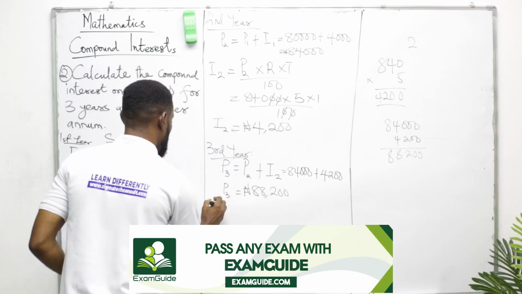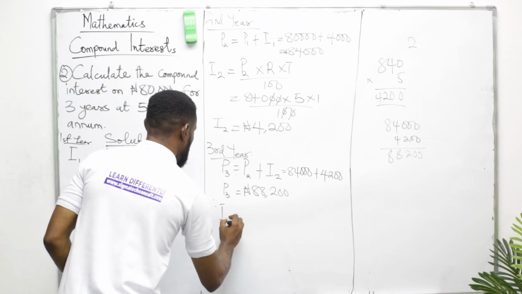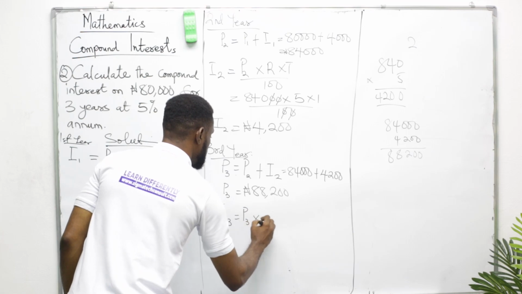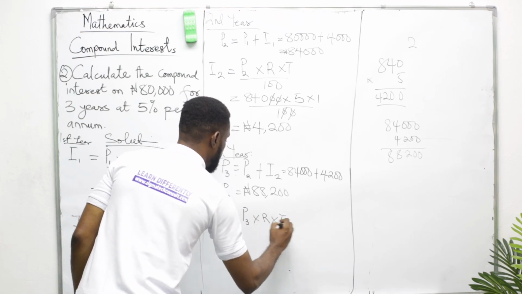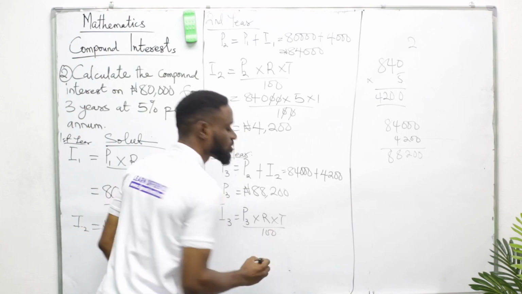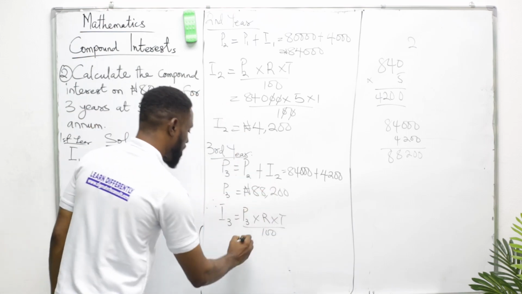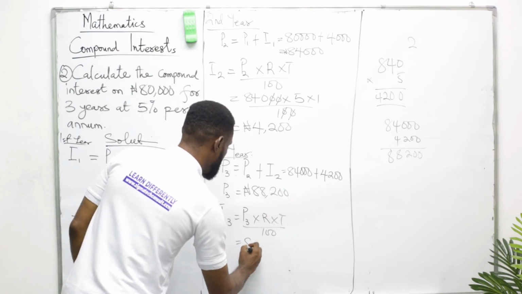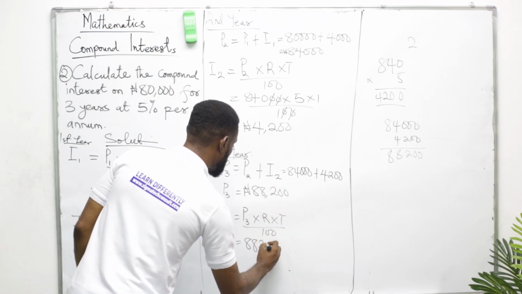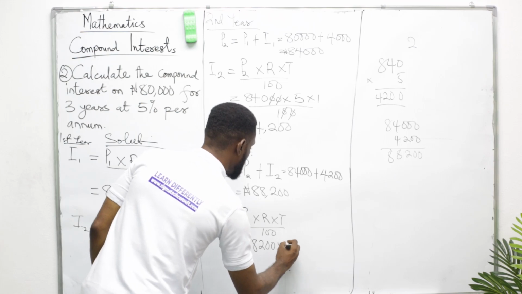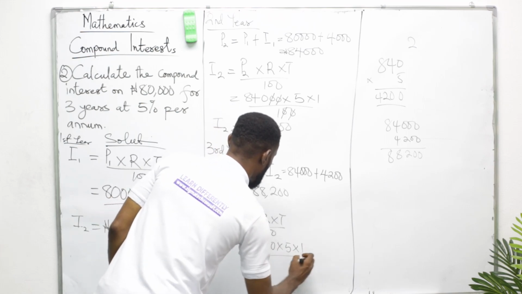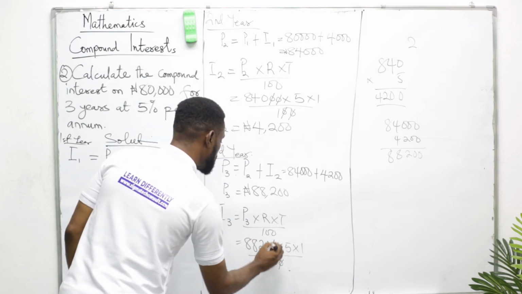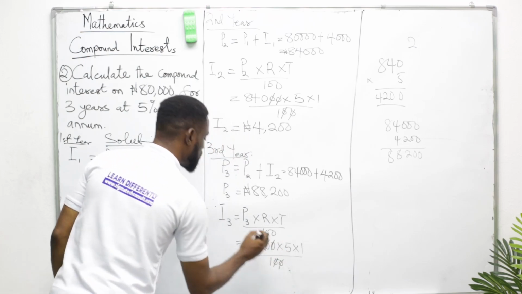So we say therefore interest for the third year is equal to P3 times rate, which is constant, times time, all over 100. Okay, so we fix our values. What is our P3? 88,200 times 5 times 1 over 100. So this removes this, this removes this.